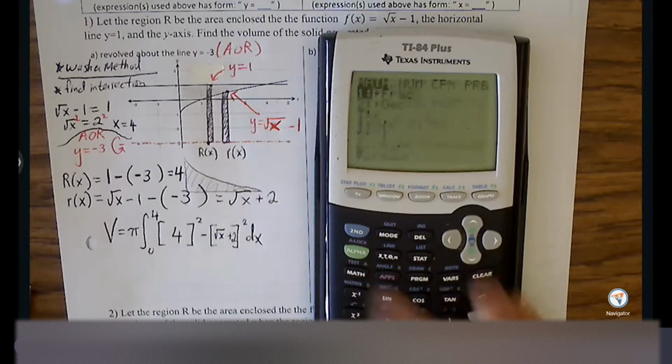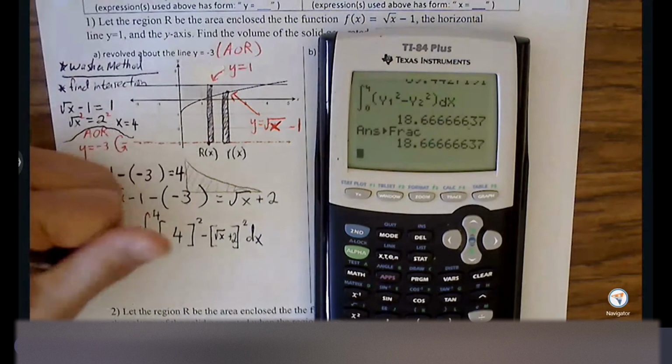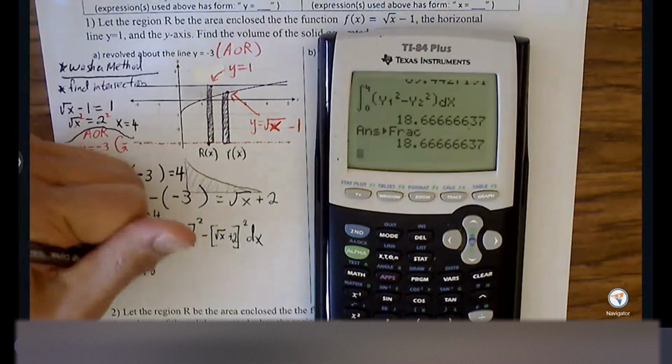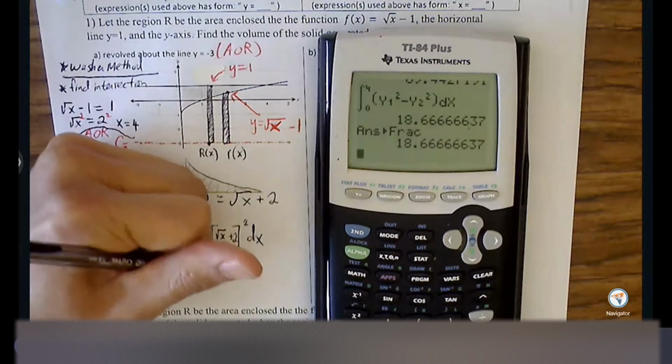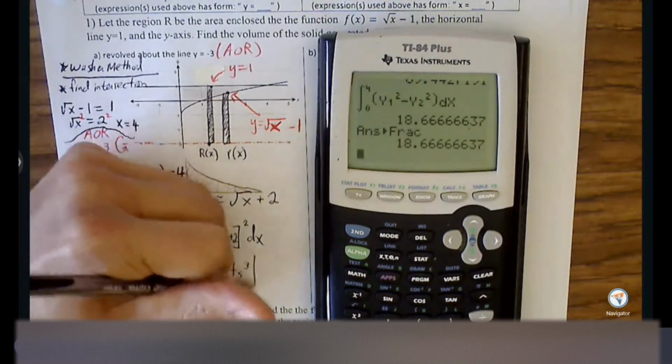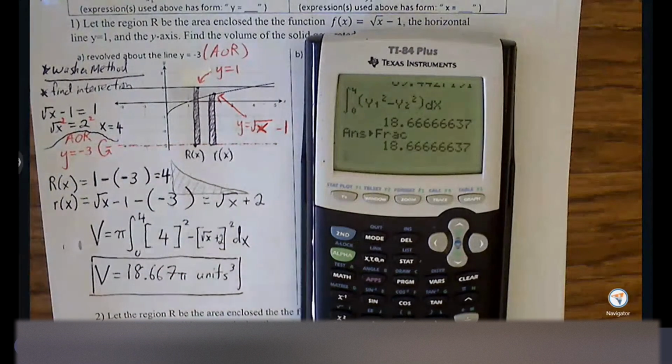Let's see, will it convert to a fraction? Okay, it doesn't, so we'll leave it in decimal form. Okay, don't forget about the pi, and then units cubed. All right, anybody have any trouble with their graphing calculator or their scientific, their 36 Pro?